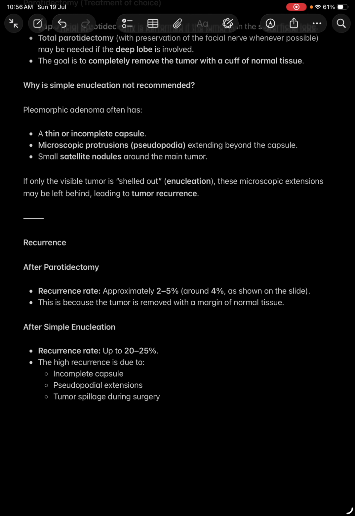The recurrence rate is approximately 2 to 5% when the tumor is removed within normal tissue.